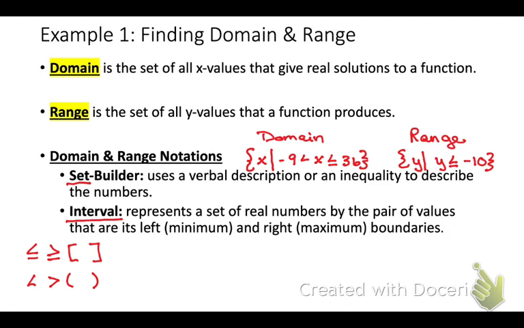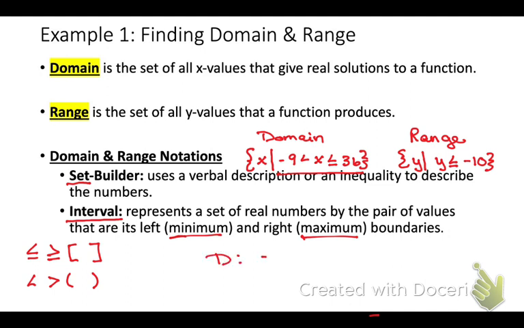Okay? So this domain up here that says -9 to 36. Interval notation is a set of real numbers from the minimum to the maximum. So up here on my domain, what is the minimum? -9, yes. We usually just go D for domain.